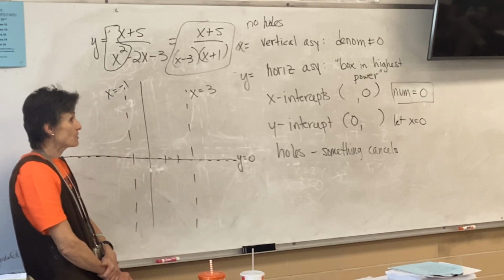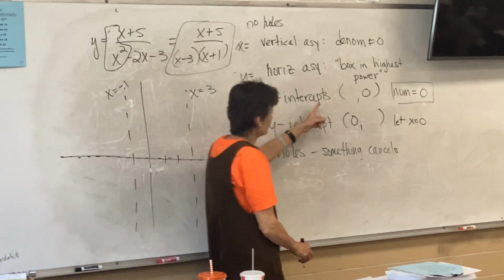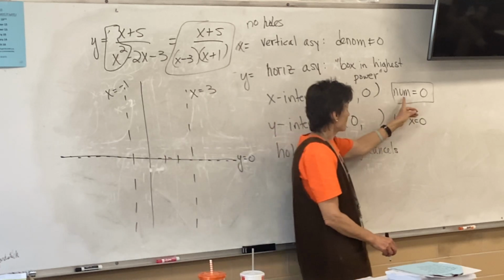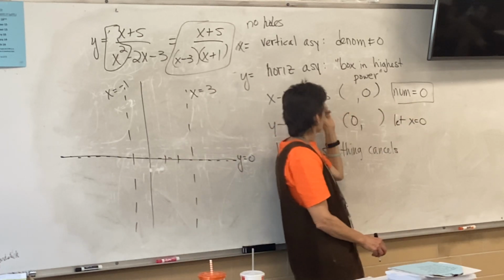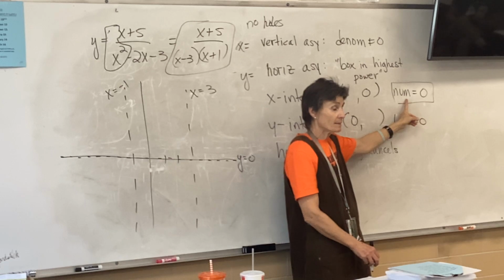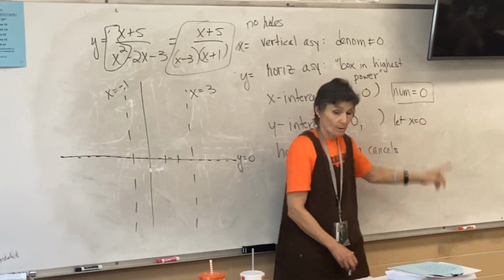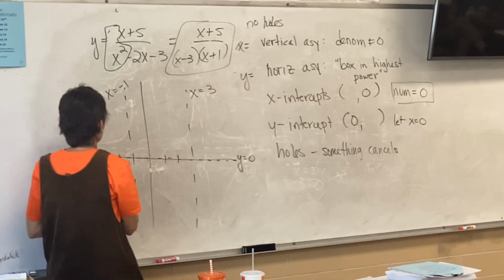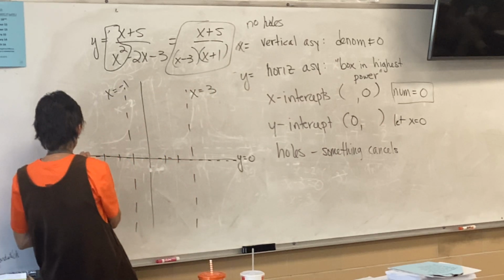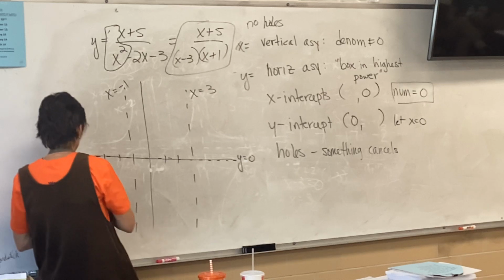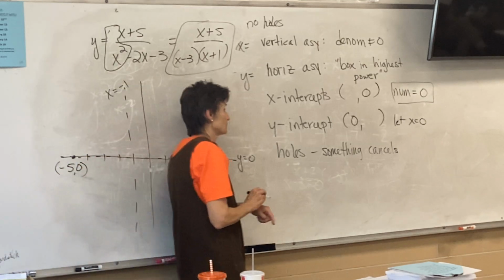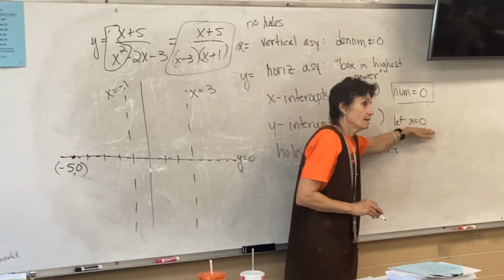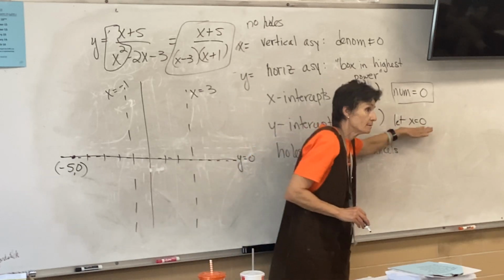Now we need our intercepts. So look at our little thing here. How do you get x-intercepts? You get x-intercepts by making the numerator 0. So what would make the numerator 0? -5. And how do you get a y-intercept?